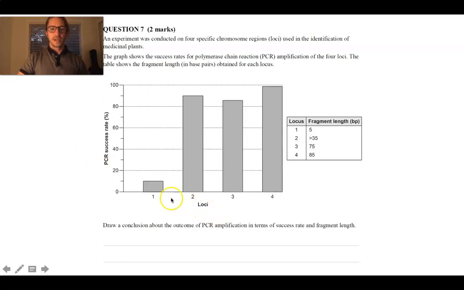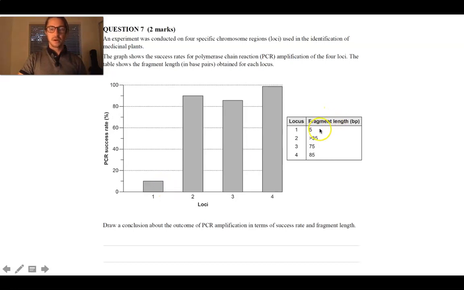What are we seeing? We have our 4 loci down on the x-axis here. We then have PCR success rate from 0 to 100 up on the y. And then we have these different values, various success rates depending on the 4 specific regions of chromosomes. But here's our actual values to the side here.